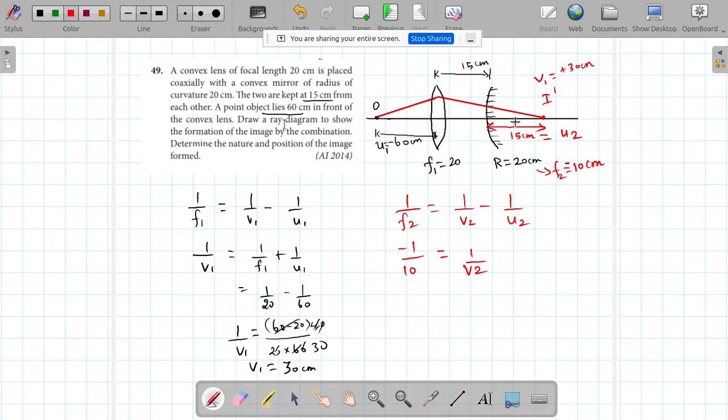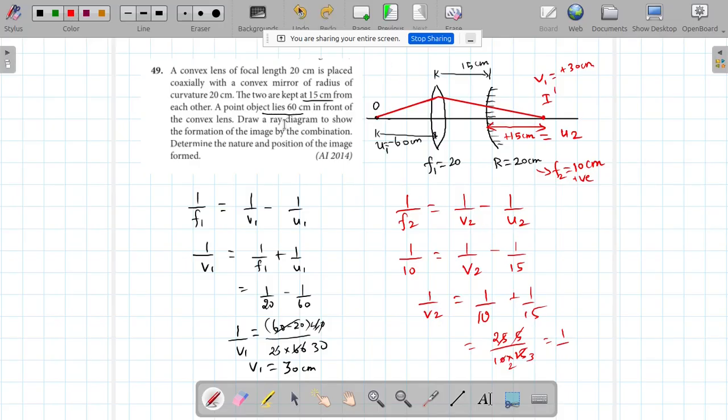Yes, it's positive. So 1 by 10 equals V2, and U2 is again a positive value, plus 15. So 1 by V2 is 1 by 10 plus 1 by 15. So it is 25 divided by 10 into 15, so 1 by 6, right?